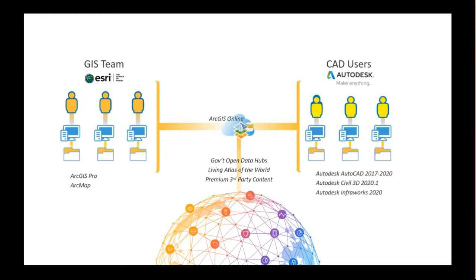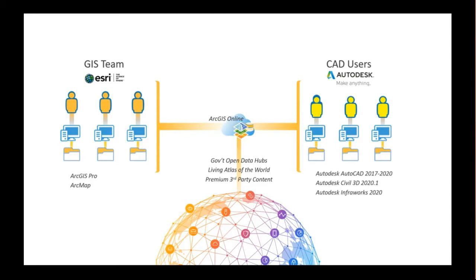Now, in addition to that Living Atlas, users can also go out and connect to available sources and services in counties and cities. Now, this is a fairly new concept, but users can host feature layers.